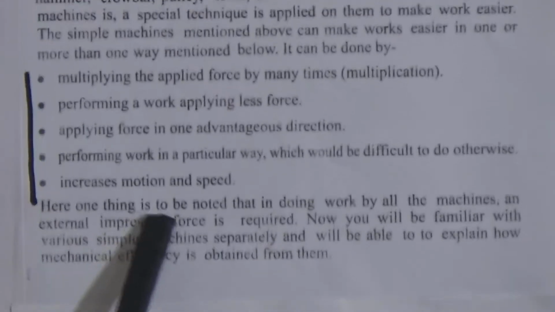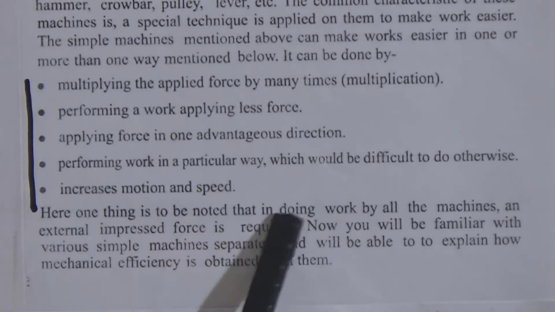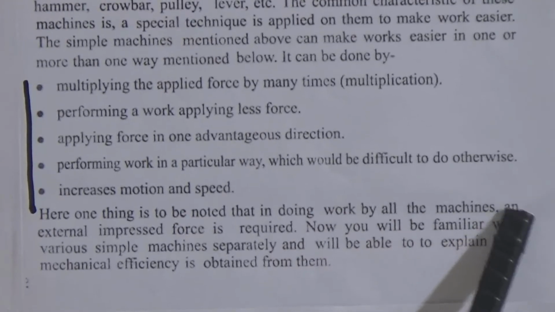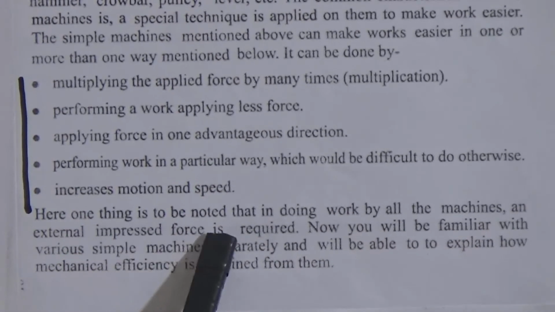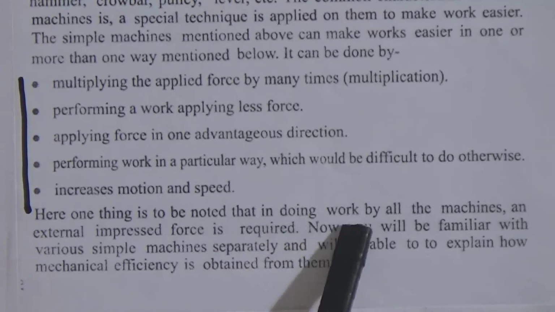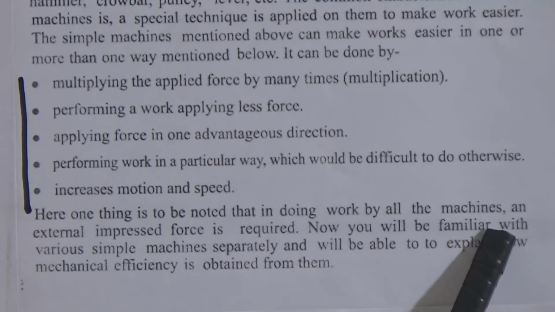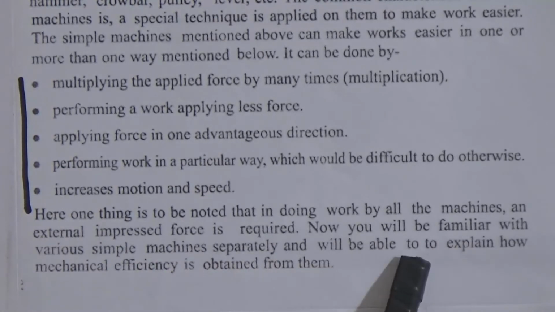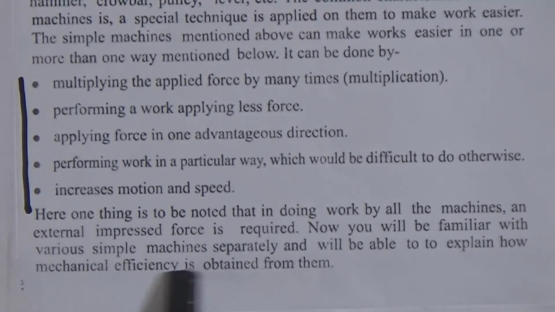Here one thing is to be noted, that in doing work by all the machines, an external impressed force is required. Now you will be familiar with various simple machines separately and will be able to explain how mechanical efficiency is obtained from them.